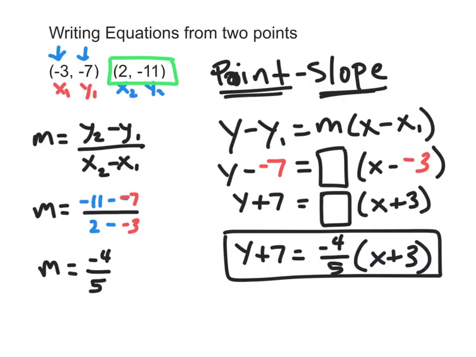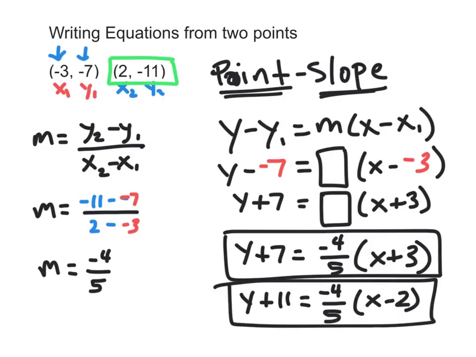So again, it's going to end up being positive. So it's going to be y plus 11 equals -4/5, the same slope, and then x minus 2, because this right here is a positive 2, so it ends up being subtract 2 in the equation. So both of these are totally acceptable answers.